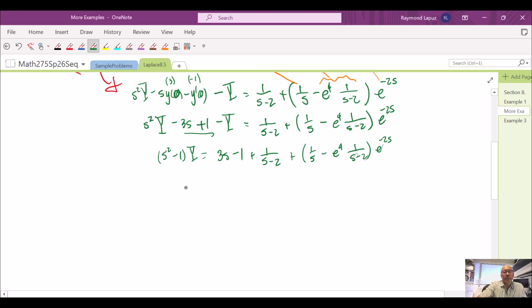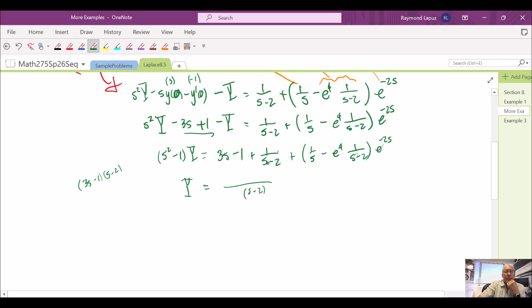Okay, now let's divide by s squared minus 1. Maybe we should have combined this. Let's put this together. This is going to be a 3s minus 1 times s minus 2 to get a common denominator of s minus 2. And I'm putting it here because I'm going to divide by that also.